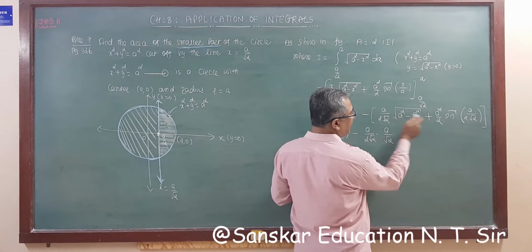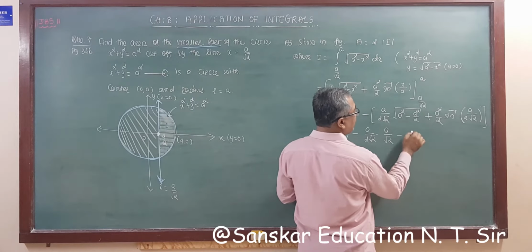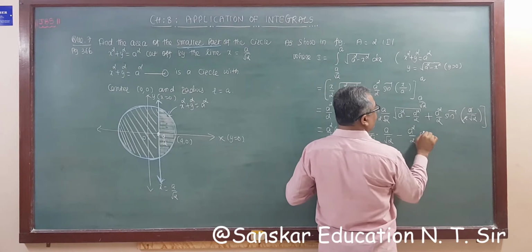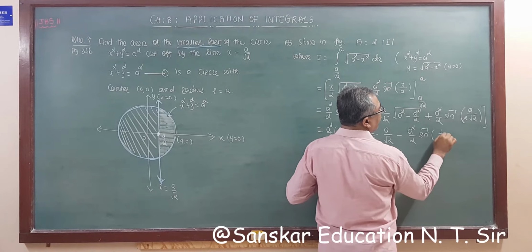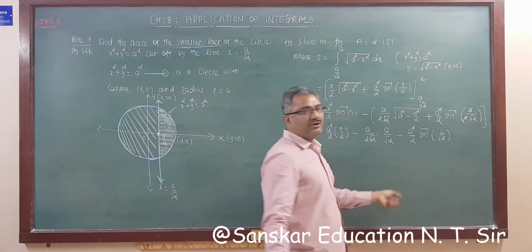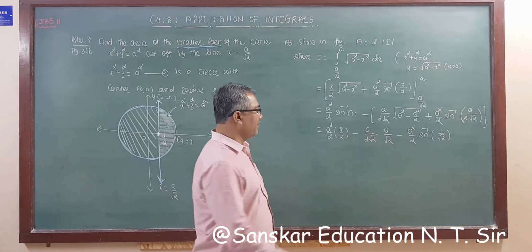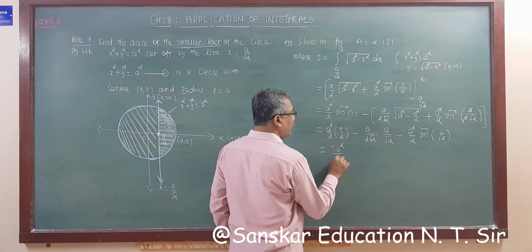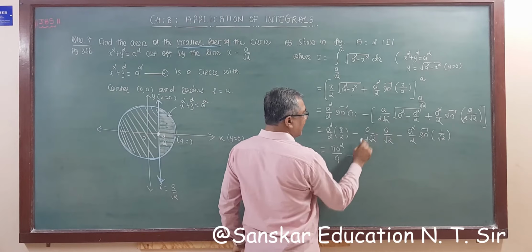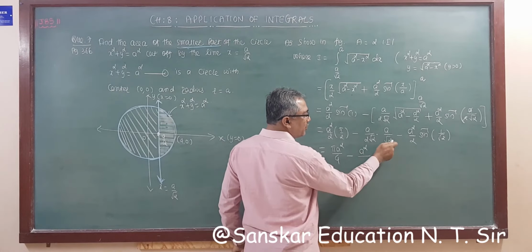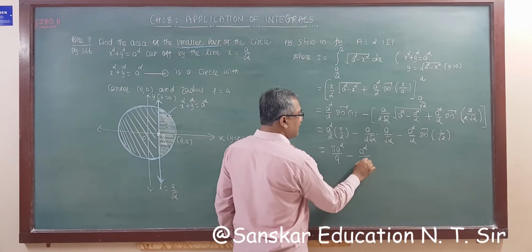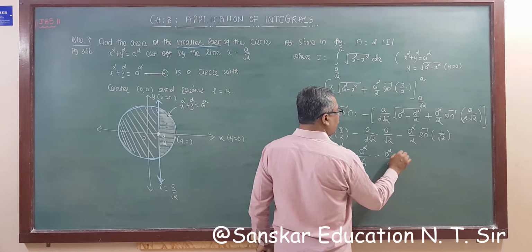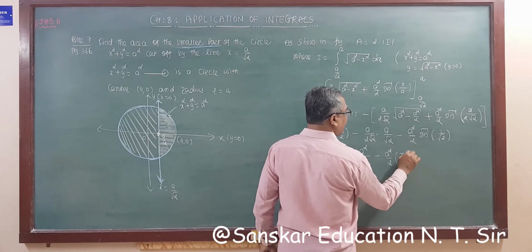Plus, but this is minus, so minus a square by 2. This a will be cut, so we get sine inverse 1 upon root 2. If you are able to write pi by 4, then you can write pi by 4 directly. So this is pi a square by 4 minus, this is a square upon root 2 into root 2. 2 into 2 is 4 minus a square by 2, and this is pi by 4.